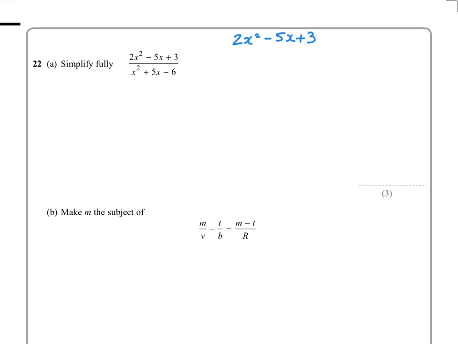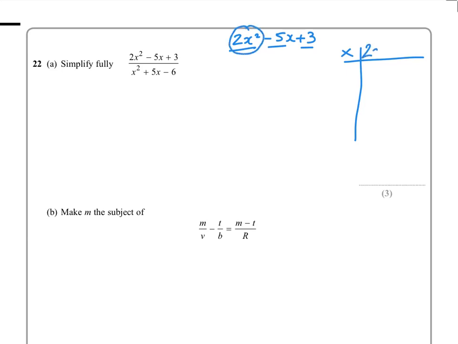Now what we're really looking for is 2 brackets that when times together will give 2x squared minus 5x plus 3. There's many ways of doing this, and I've got videos on this that you can have a look at, so I don't really want to go into too much detail, but one way is to look at how to get 2x squared.